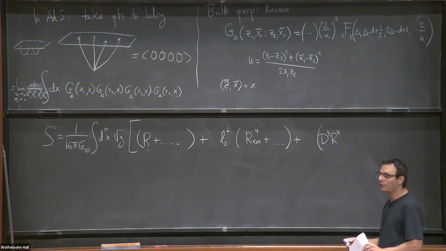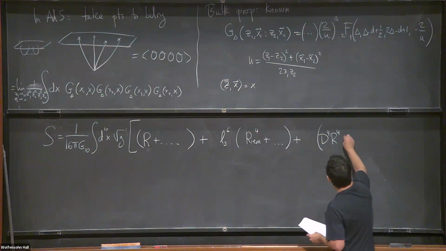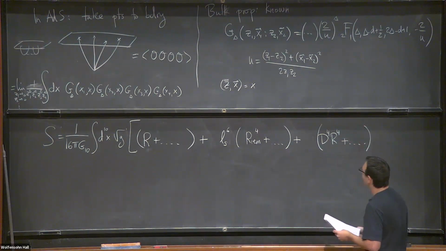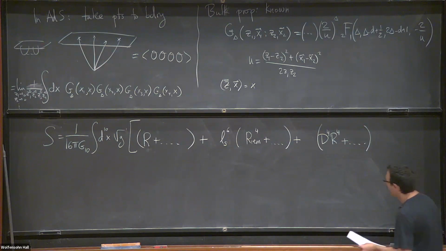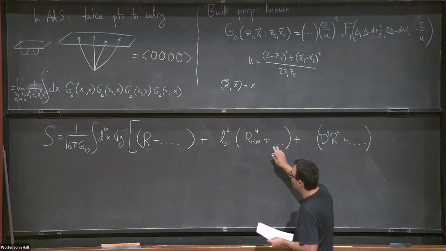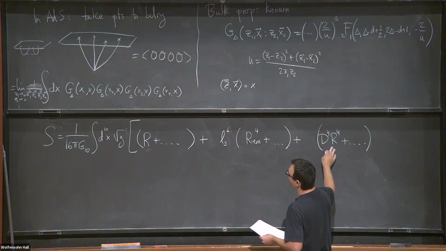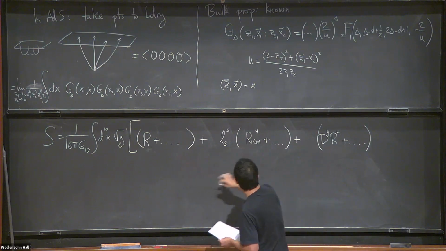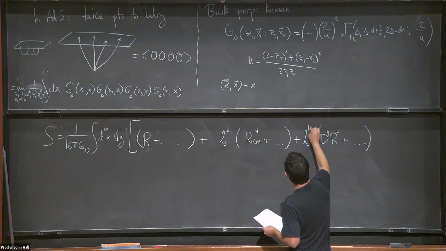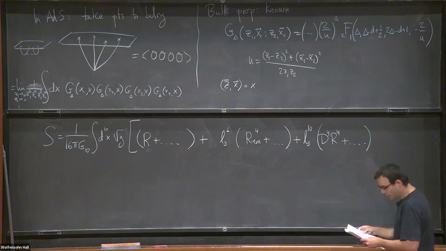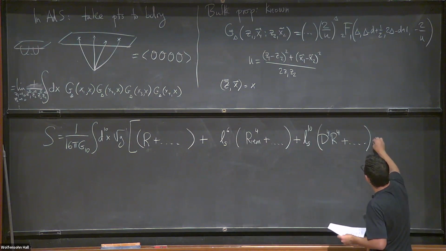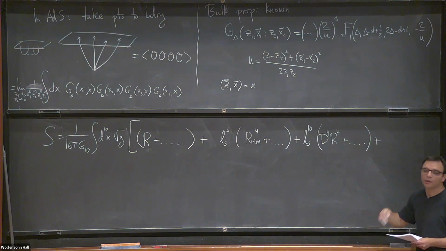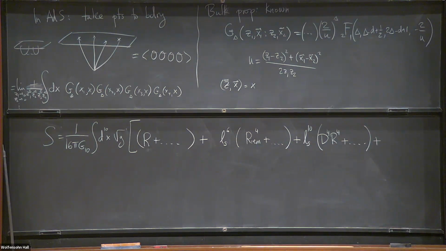There's just a specific linear combination, and whatever else is required by supersymmetry. Because this has 10 derivatives more than the Einstein-Hilbert term, this comes with string length to the 10th power. The next ones are 6 derivatives on Riemann to the 4th, and 8 derivatives on Riemann to the 4th, 10 derivatives on Riemann to the 4th, and so on.